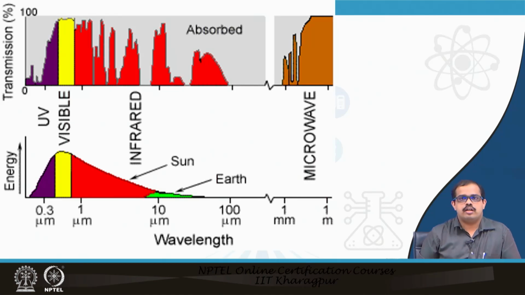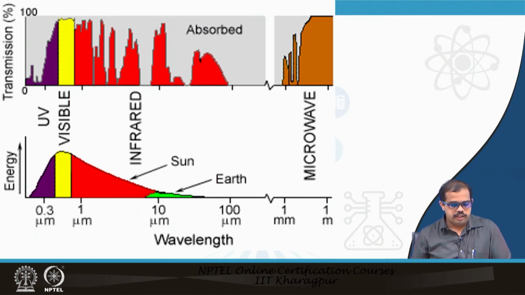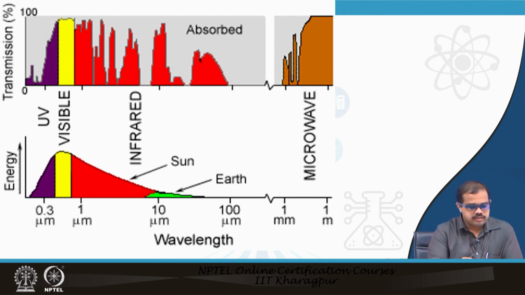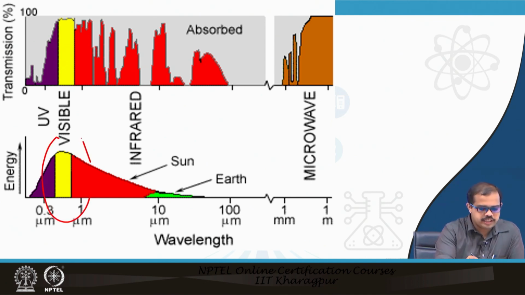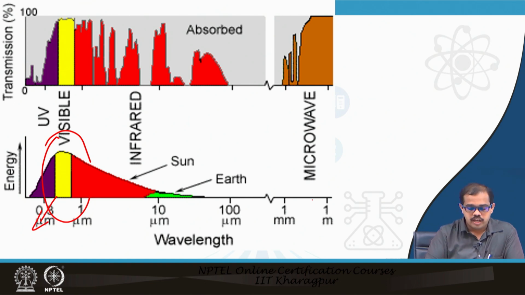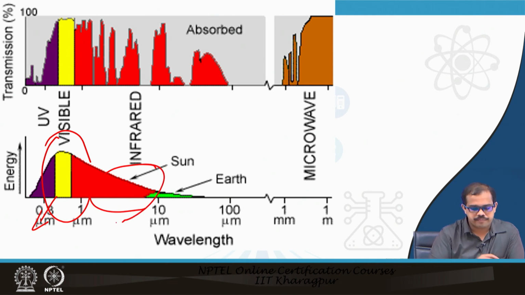To give you more understanding, if you look at the wavelength here, this is where the visible region is, and the wavelength is shorter. When the wavelength is shorter, it has higher energy, the energy is very high. As the wavelength increases, the energy decreases. The sun's wavelength is somewhere here, so the energy is much lesser.